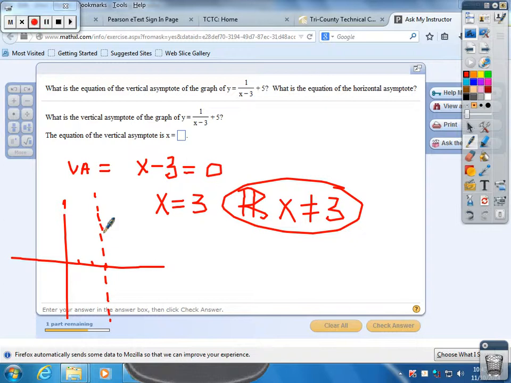So instead of having the origin here, you're going to have the origin at 3 to the right and 5 up. So there's your new origin, and whatever 1 over x minus 3 looks like, plus 5, that's going to be around that.